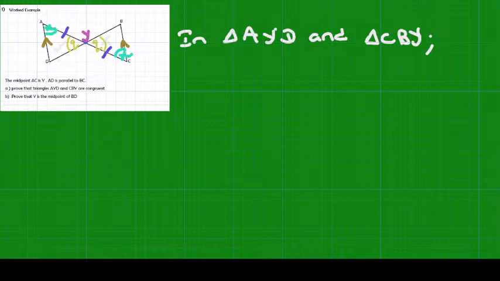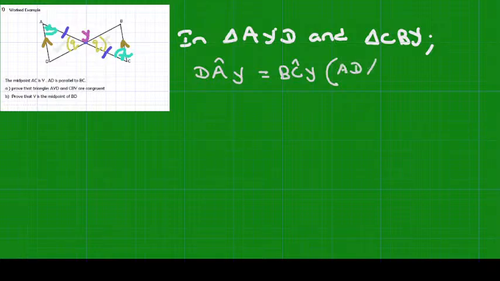So let's start with this angle X. That's an A. So that is angle DAY equals angle BCY. Why? Alternate angles are equal when the lines are parallel. You can simply say AD parallel BC, and that when the lines are parallel, alternate angles are equal.